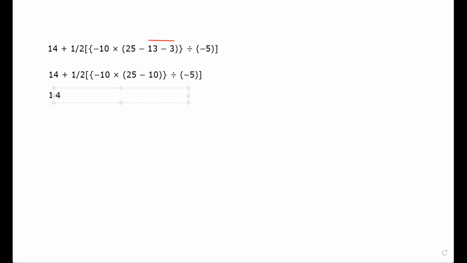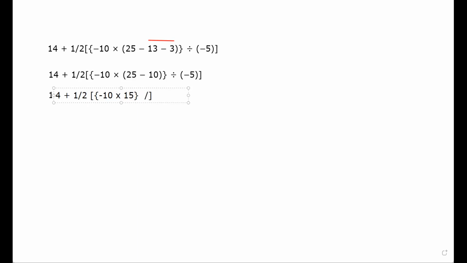14 plus 1/2 is divided by, under the bracket, minus 10 into, when 25 minus 10 gives you 15, and you need to put the division sign.